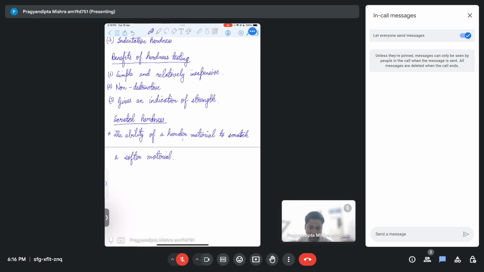It is a number chart, with 1 being the softest mineral that we're testing, that is talc, and 10 being the hardest mineral, that is diamond. So it gives us a relative number from where between 1 and 10 the particular material lies.